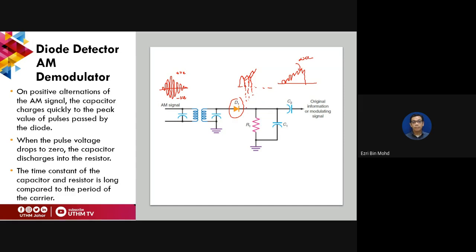And then the original information of the modulating signal should be produced at the output.